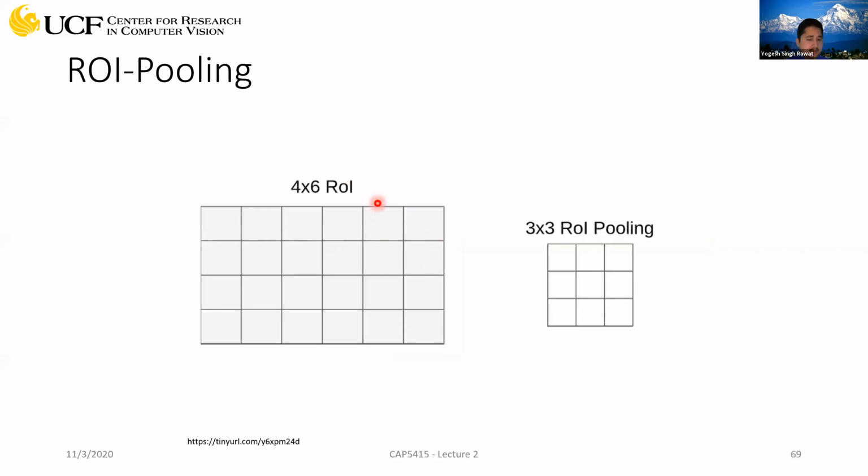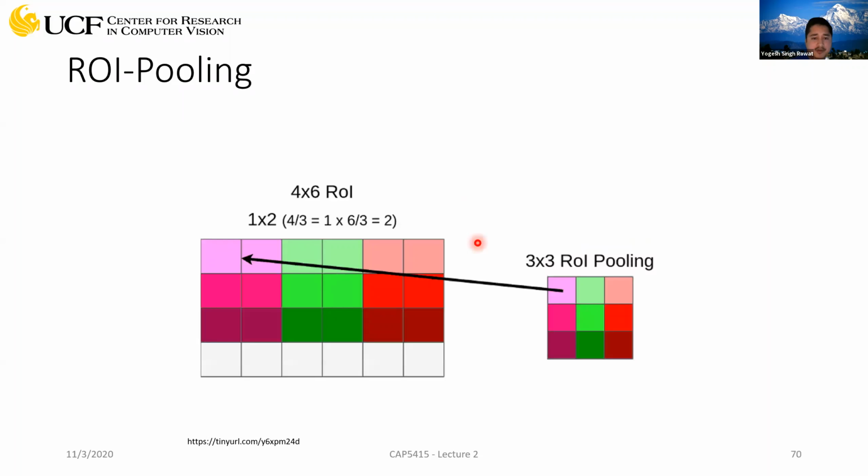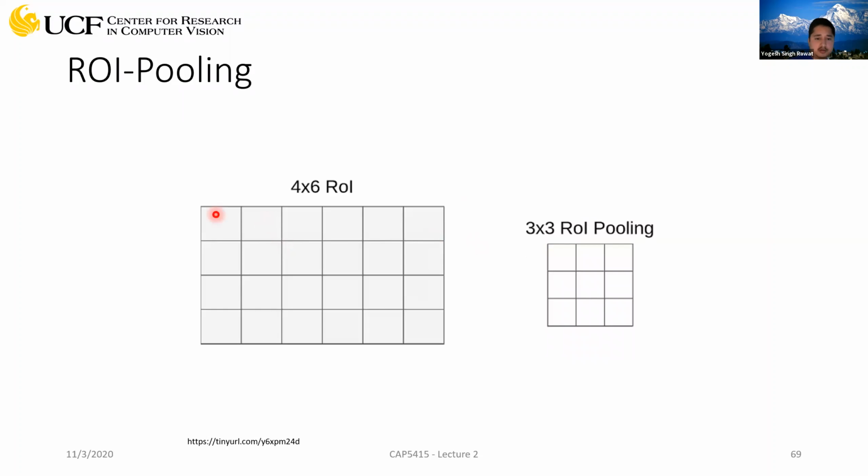And now what you have to do after that is, let's say you want to reshape all your proposals from a feature map to shape 3x3. All right. So then what you will have to do is you will divide the crop feature map according to this dimension.